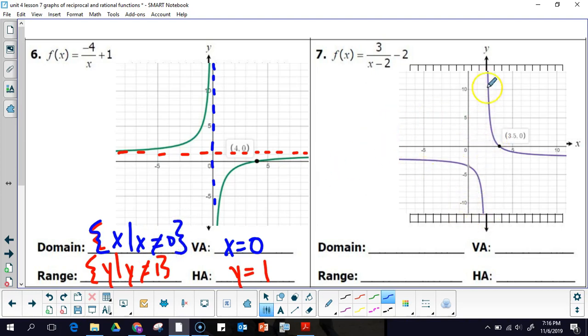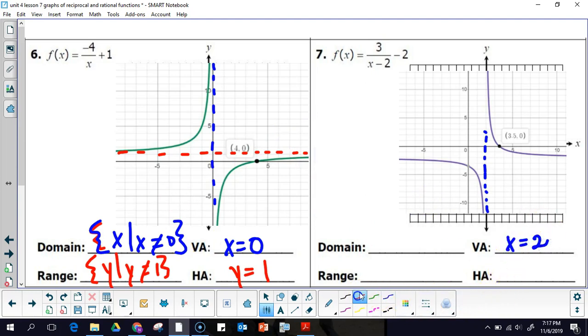Alright, over here, let's see. The vertical asymptote is right here. And that is at, looks like x equals 2. Wait a minute, I got ahead of myself. Yeah, that's right. X equals 2.